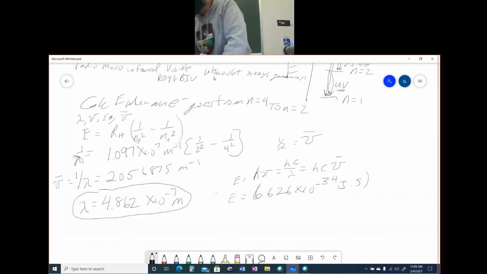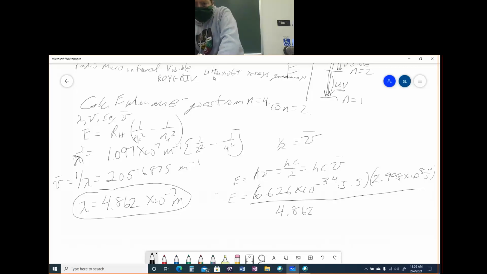And then for the speed of light, c, 2.998 times 10 to the 8th meters per second, divided by your wavelength, which we calculated as 4.862 times 10 to the minus 7 meters.